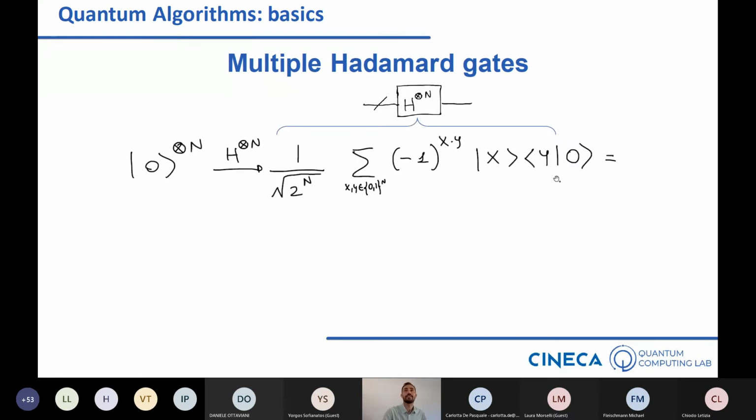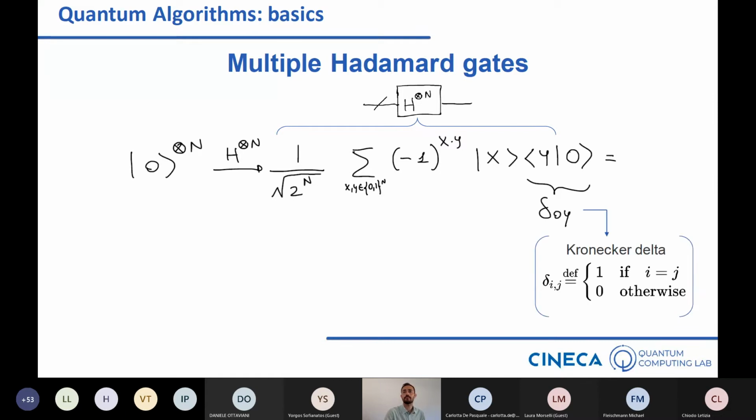So what's the action of this H tensor n gate? When you apply it to 0, what happens is the following. You get this scalar product here, y scalar product with 0.